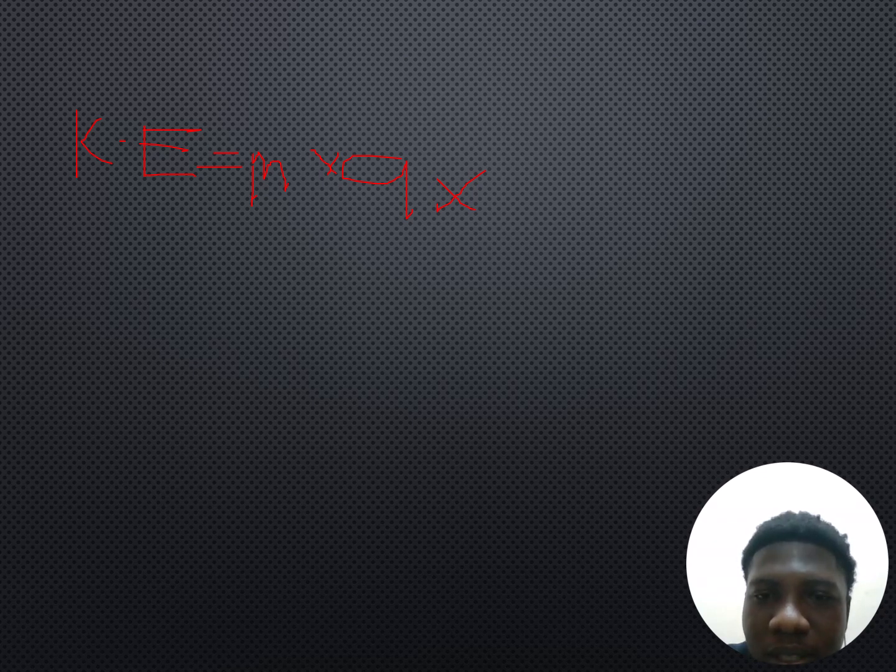Our distance. But here we know our distance to be v squared minus u squared over 2a. Good. If we check this, we can do some elimination. This can cancel this.